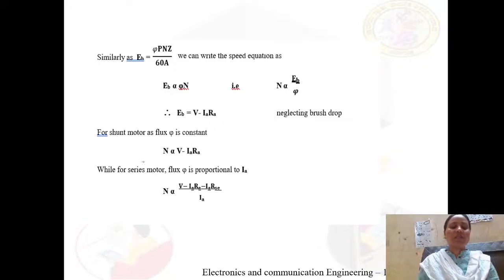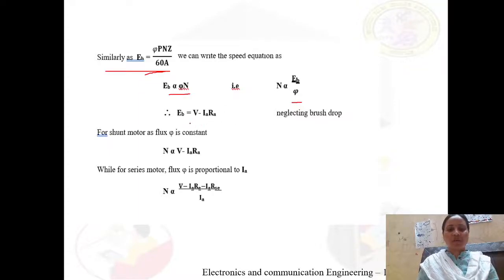Okay. Now let us see the back EMF expression, which is related with the speed. Considering the expression for back EMF, which is phi P N Z by 60 A, we can write the back EMF is proportional with the speed into phi, and hence it can also be expressed as speed is proportional with back EMF divided by flux.